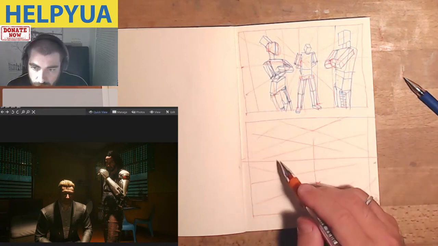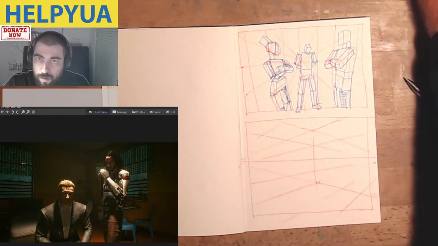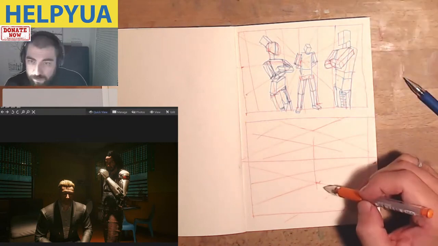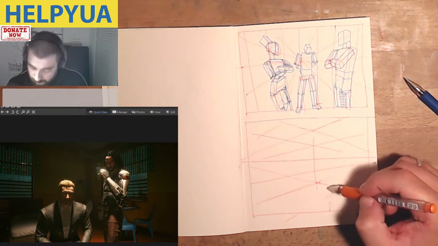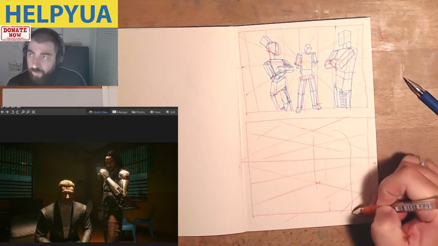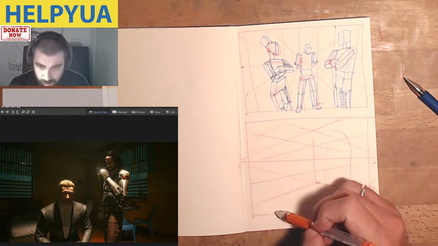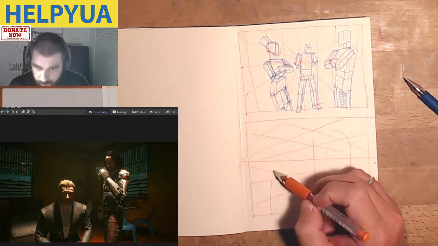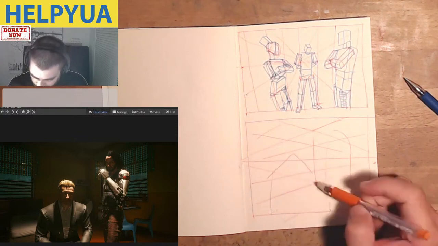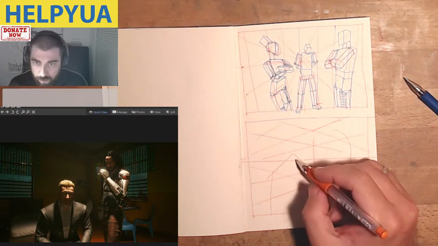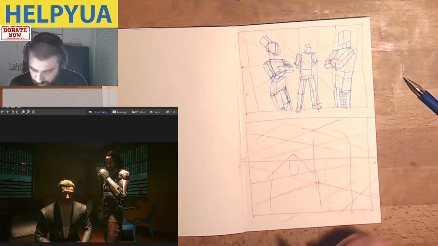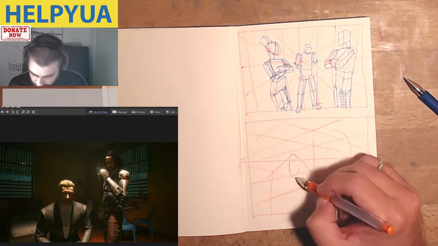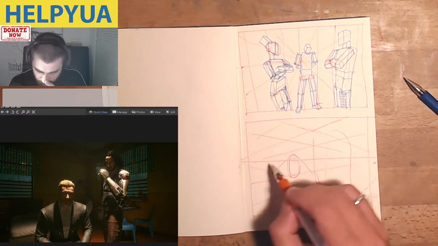So then what we have? Silver hand here in this area, and this man here in this area. So his head is crossing the horizon line.